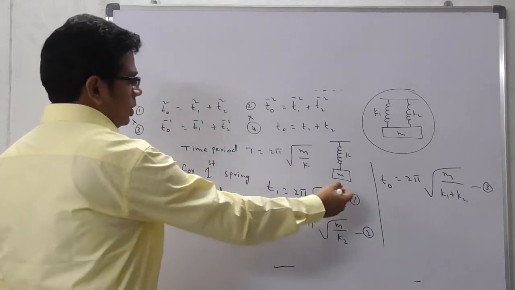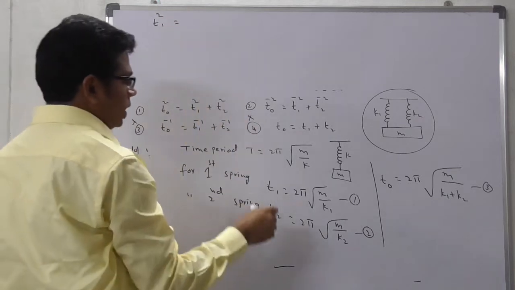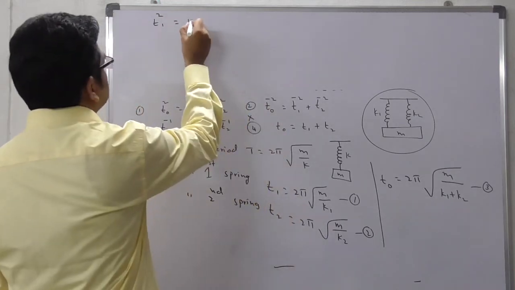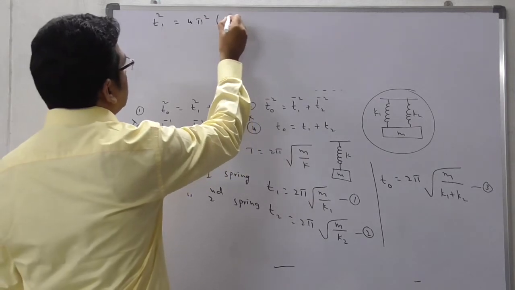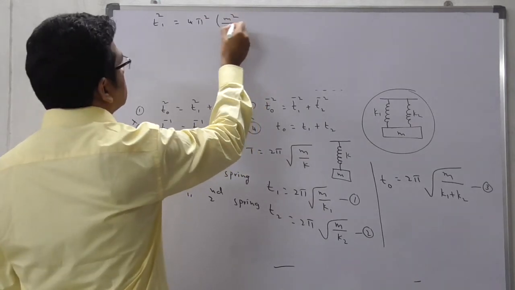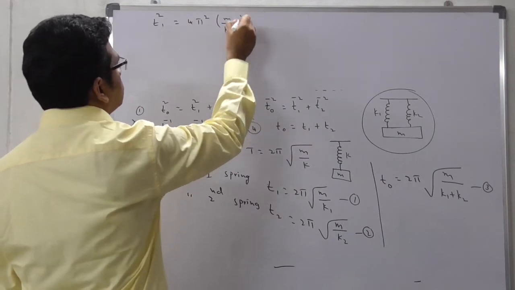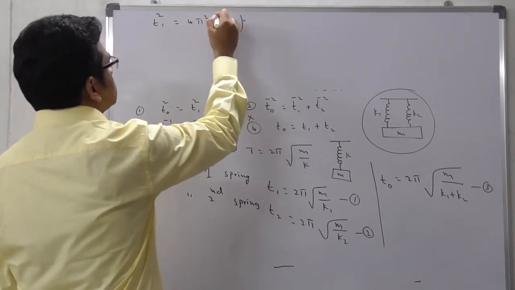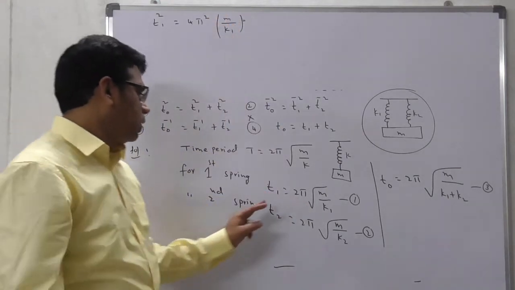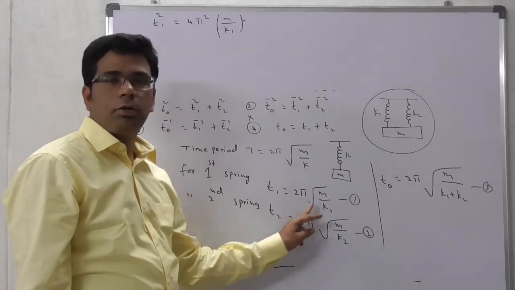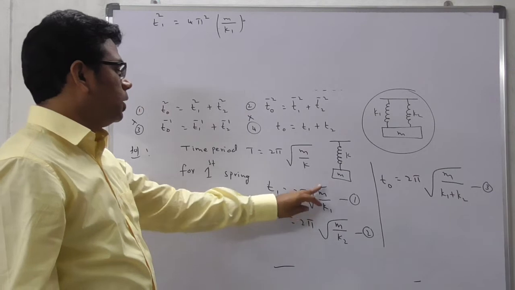So T1, squaring on both sides, we get T1 square equals 4 pi square m by K1, since square and root get cancelled. Clear, friends? Equation 1, squaring on both sides: T1 equals 2 pi under root m by K1, so T1 square equals 4 pi square m by K1.